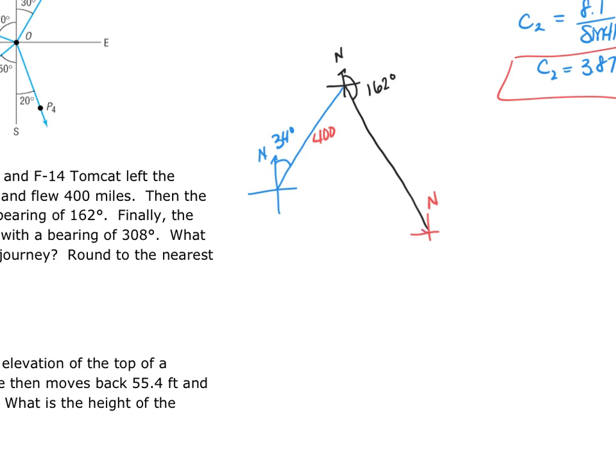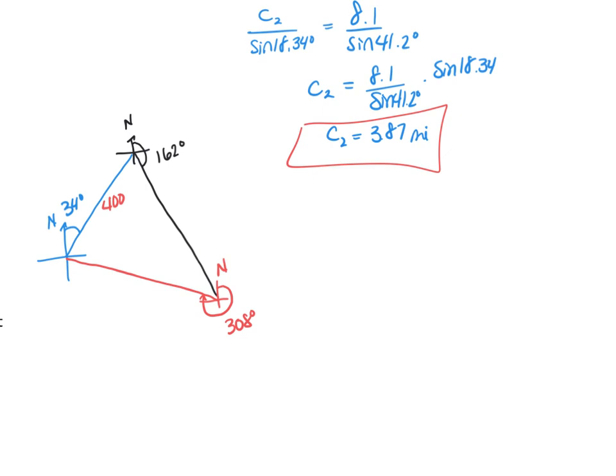So this flight back from the north is 308 degrees. Now, what we have to do is figure out what we have and what we are missing. Let me just erase this here because I don't want this to muddy the water, so give me a moment to erase this.